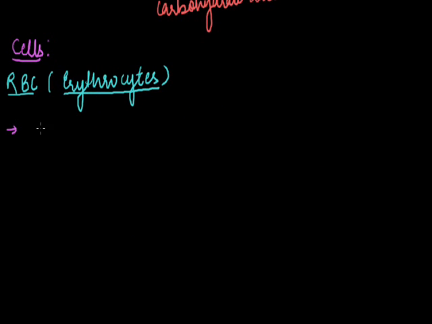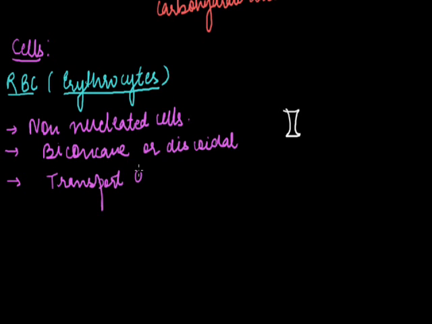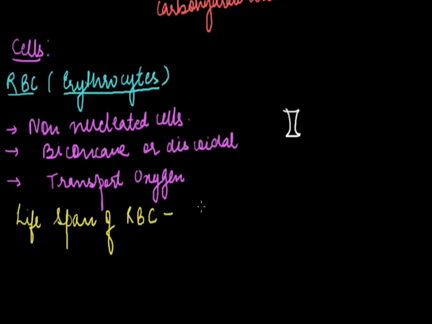These erythrocytes are non-nucleated cells, biconcave or discoidal in shape. The main function is to transport oxygen. The lifespan of RBC is around 120 days, after which it is destroyed in the spleen.